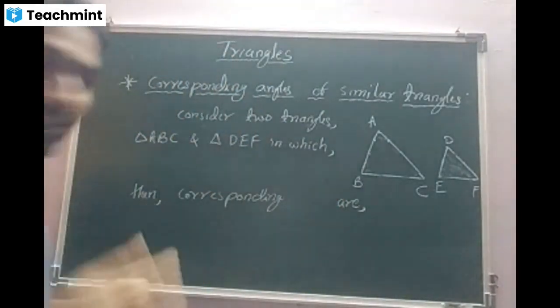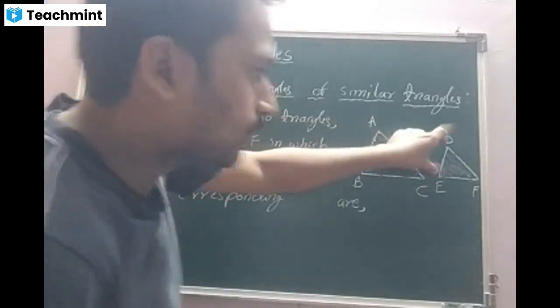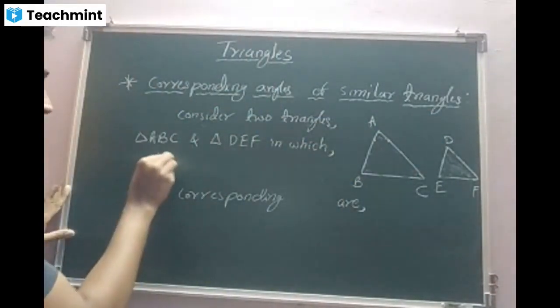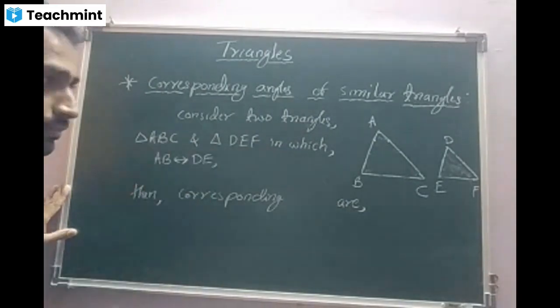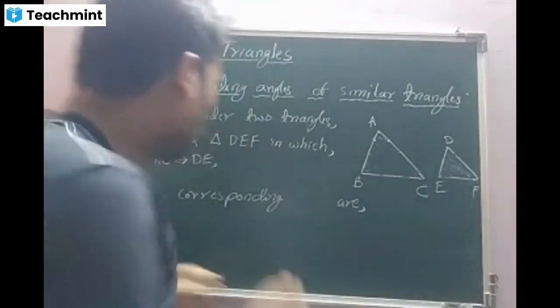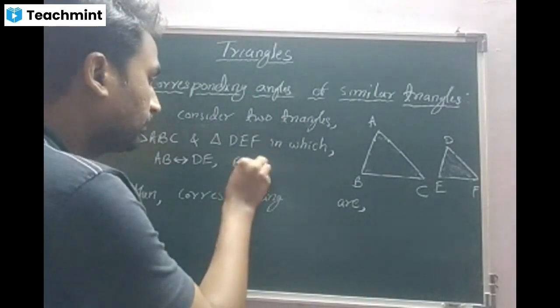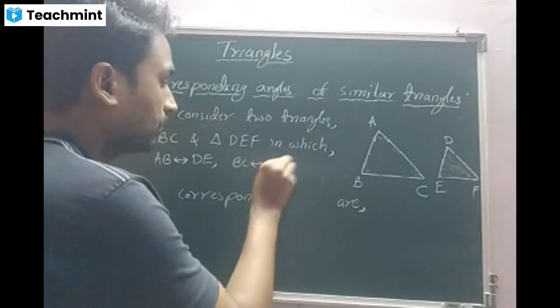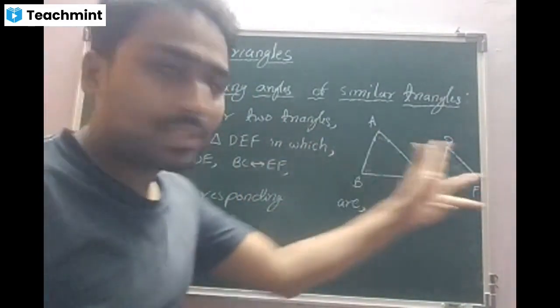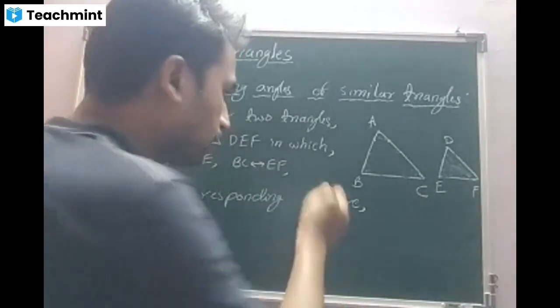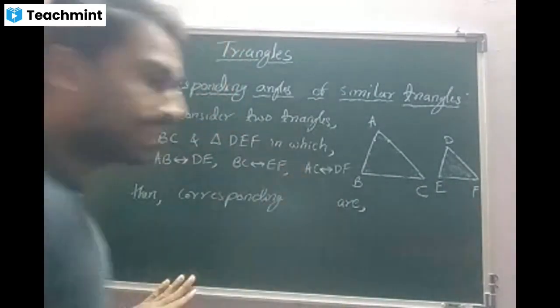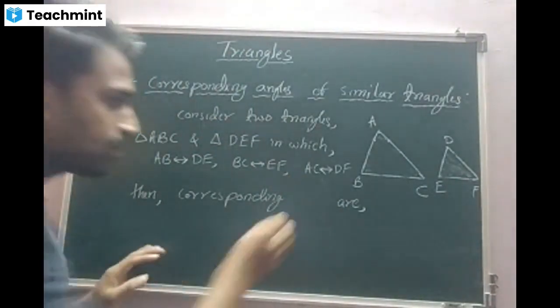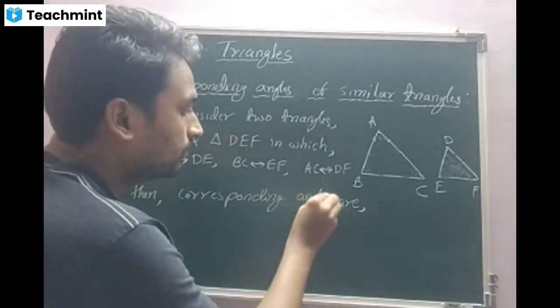In which, if I say AB is corresponding to DE, BC corresponding to EF, and AC corresponding to DF, then corresponding angles are.